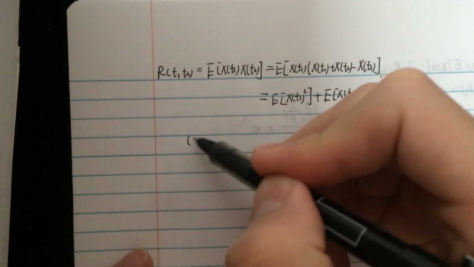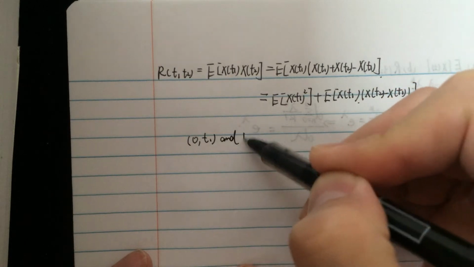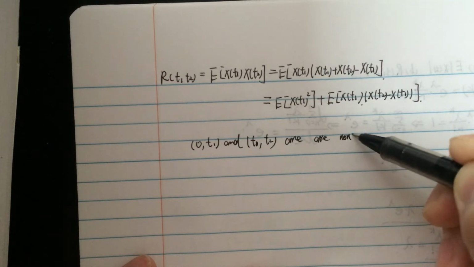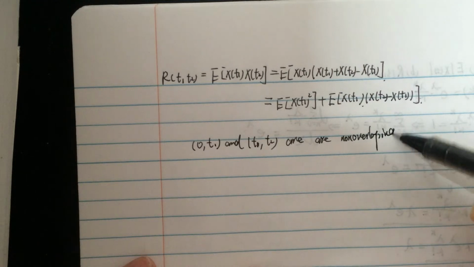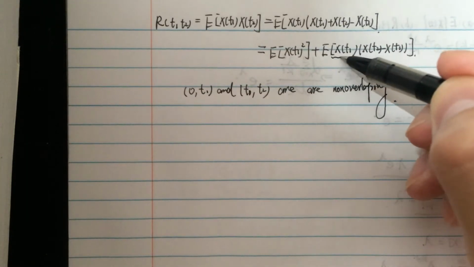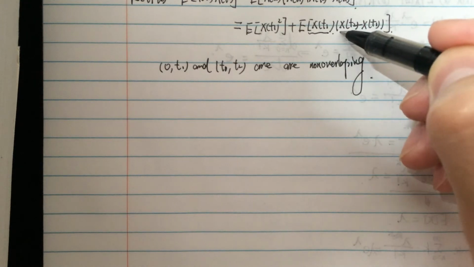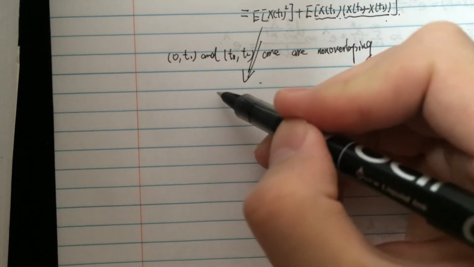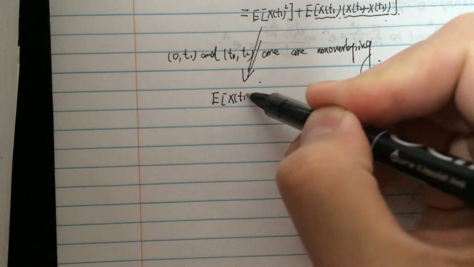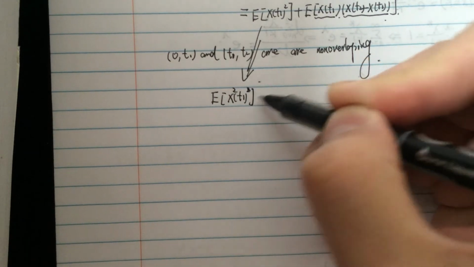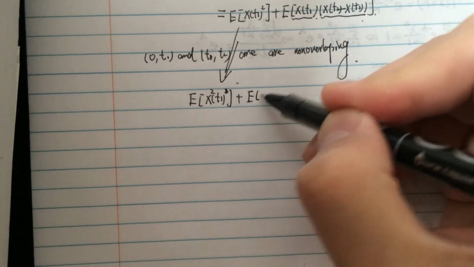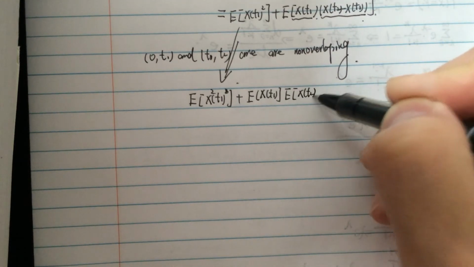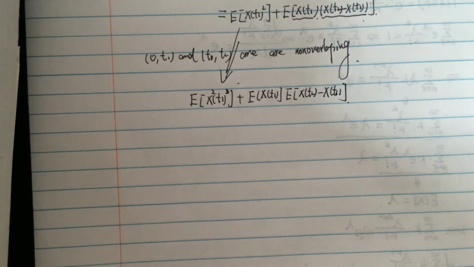Since the intervals 0 to t1 and t1 to t2 are non-overlapping, we can know that X(t1) and X(t2) minus X(t1) are independent, so this one equals E of X(t1) squared plus E of X(t1) times E of X(t2) minus X(t1).